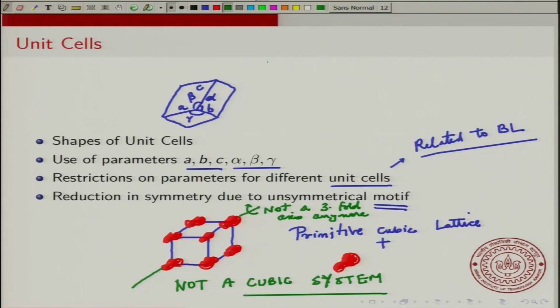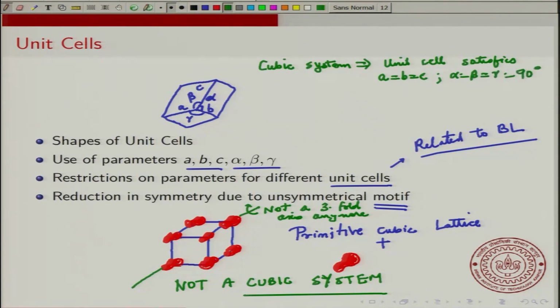So let me write it this way. So cubic system implies that the unit cell satisfies A equal to B equal to C and alpha equal to beta equal to gamma equal to 90 degrees.